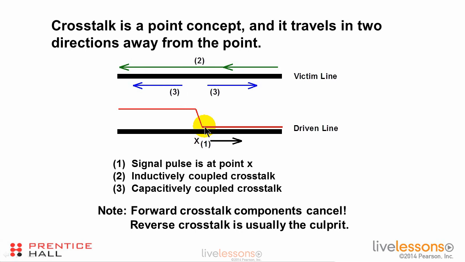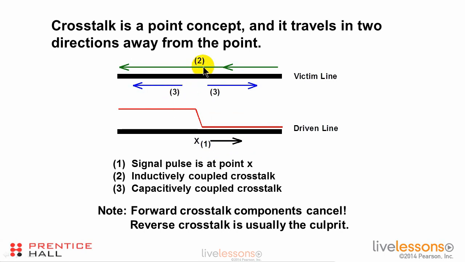At this point on the aggressor trace, this signal is just propagating by. At this point, this signal changes from a logical 0 to a logical 1, and that then causes capacitive coupling on this trace, and it causes inductive coupling at this trace. And so we have a capacitively coupled crosstalk that radiates away from this point in both directions, in the forward direction, which is the same direction the signal is flowing, and the backward direction, the opposite direction from that of the signal.